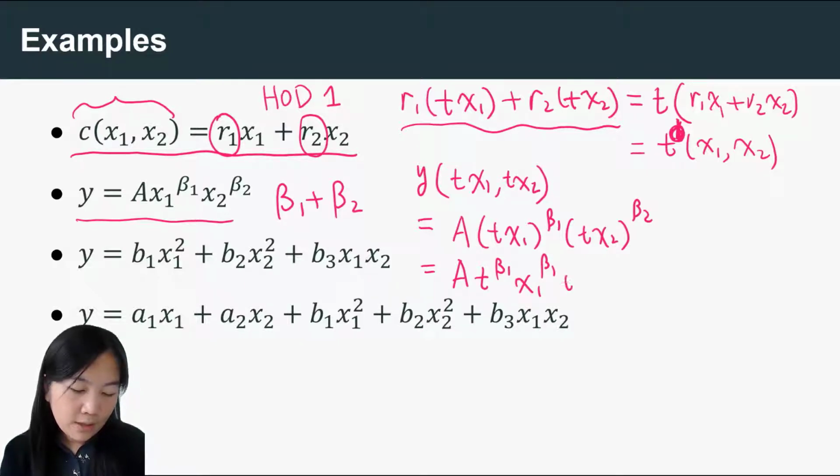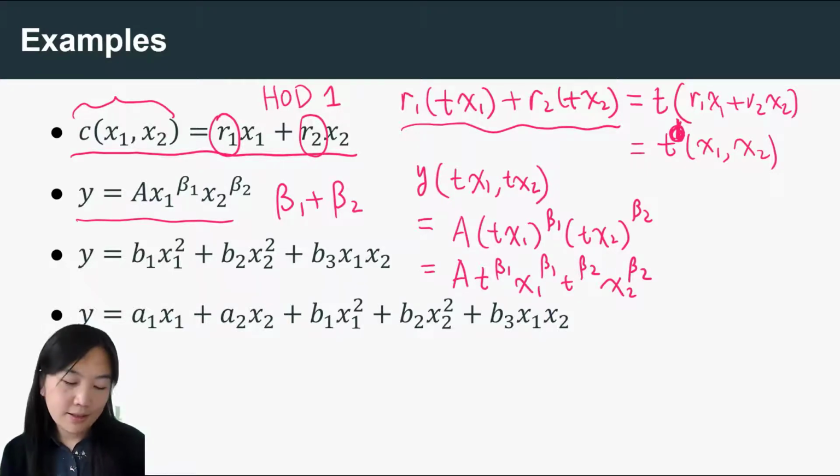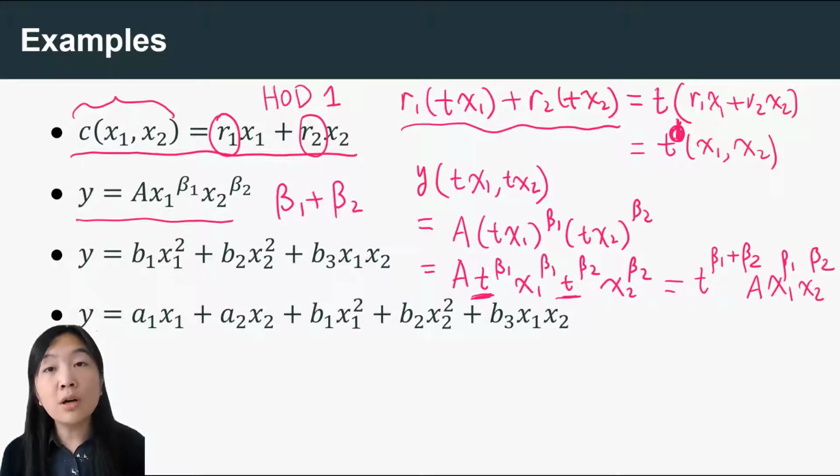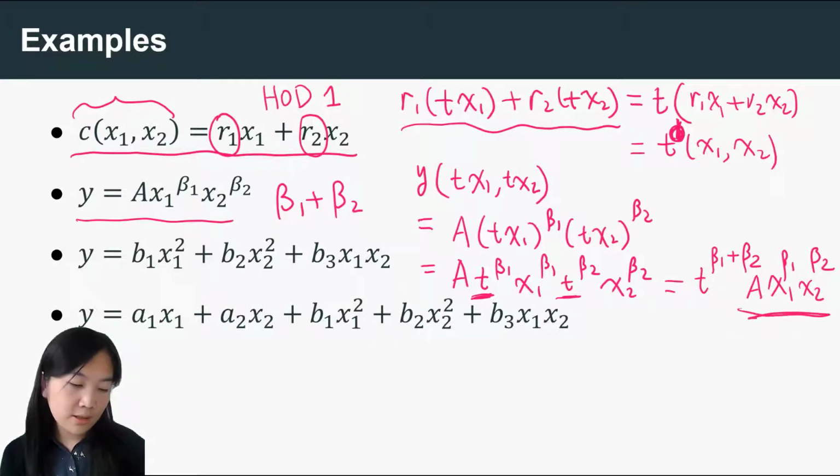You can recognize there's a common term t, so you can further simplify this to t to the beta 1 plus beta 2, and then we have A x1 to the beta 1 times x2 to the beta 2, and this term is actually your y for x1 and x2.